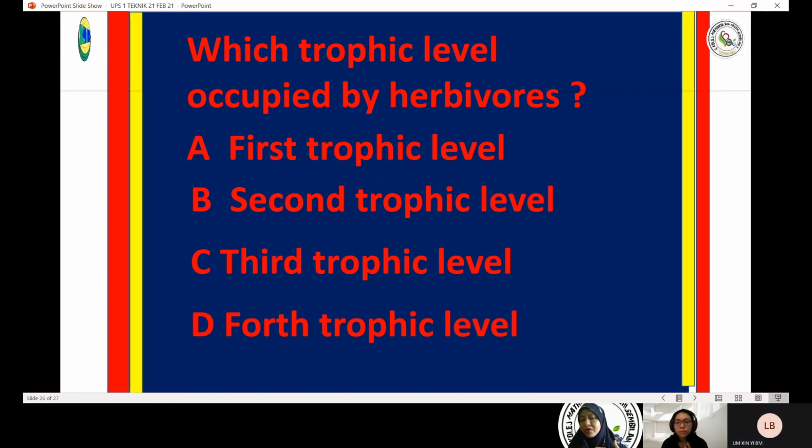But now you need to relate in detail the role of the organism on its respective trophic level, and how they transfer, especially the energy, from one trophic level to another trophic level.